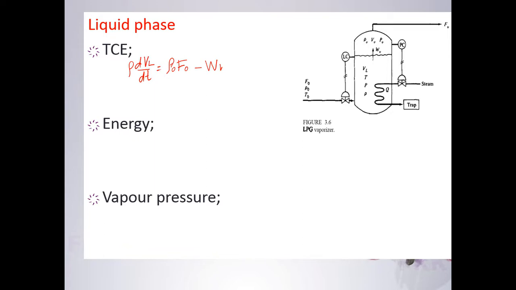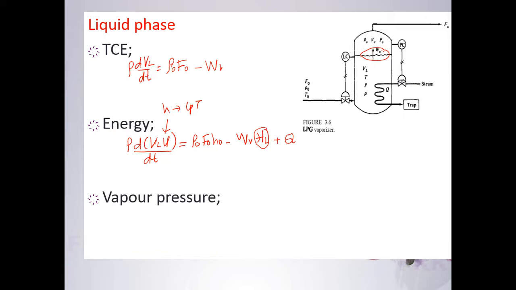It's only for the liquid phase. Then the energy balance: rho d(VL U)/dt, later you can change this to H, then to Cp T, equals rho naught F naught H naught minus WV HL, plus Q. Please note that we use HL because this is a pseudo phase between liquid and vapor.